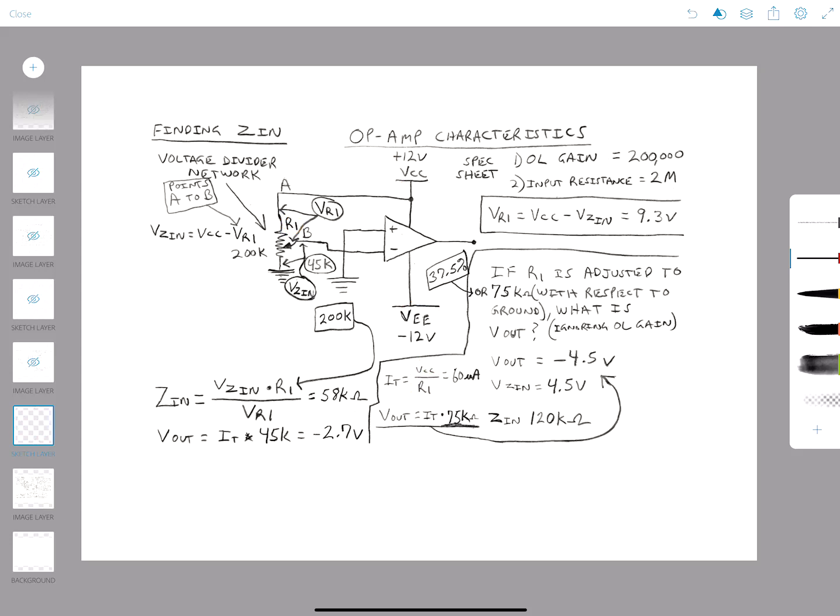Now we can start to calculate our voltage drops. I've already given you the values of the adjustment of the potentiometer.